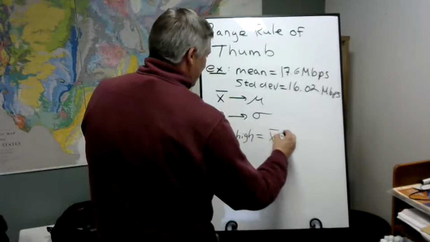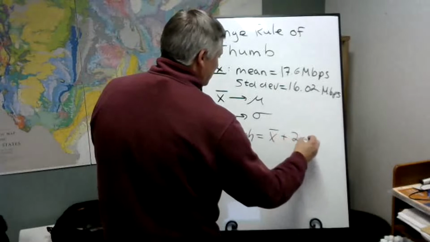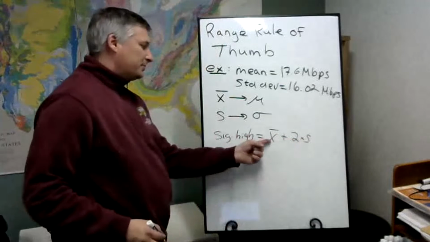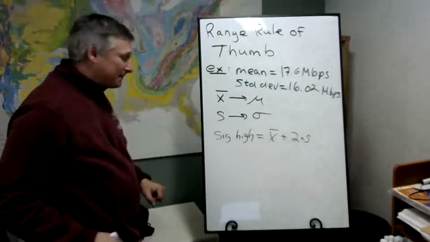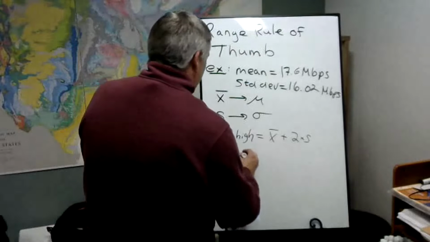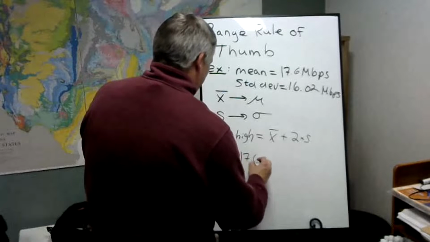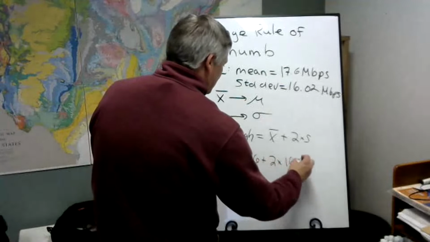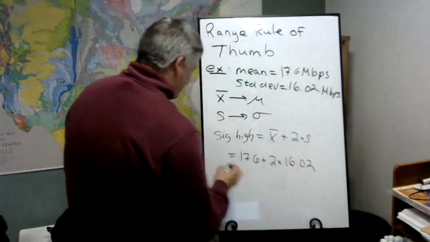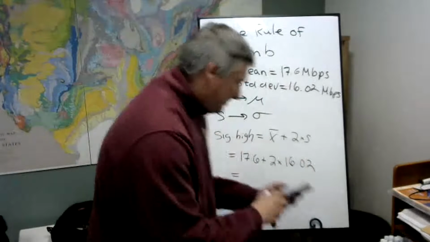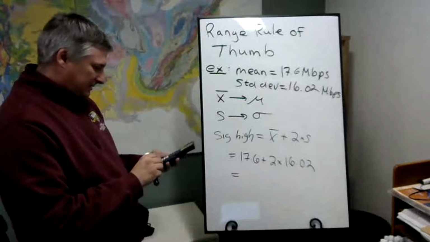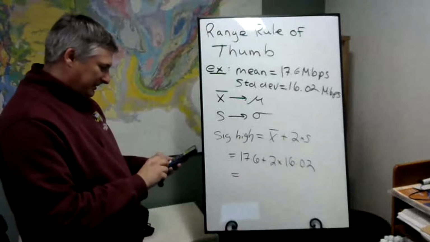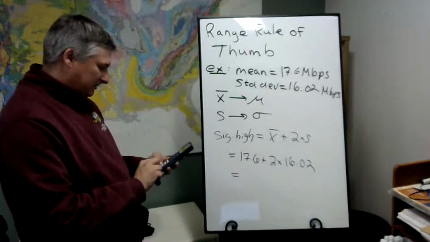This will be x bar plus 2 times s. Again, this would usually be mu, and that would usually be sigma. So we have 17.6 plus 2 times 16.02, and then we get 49.64. This one might be a little more understandable.